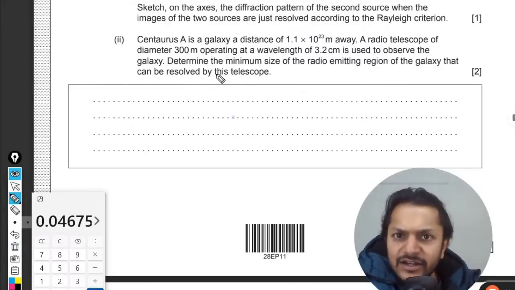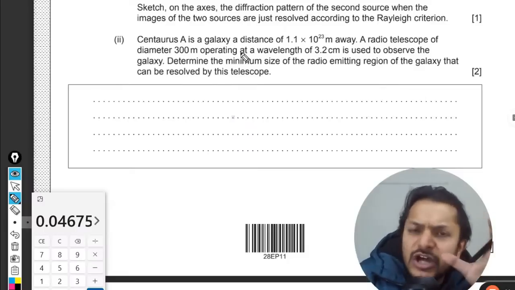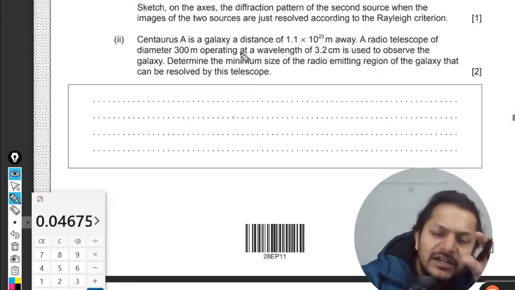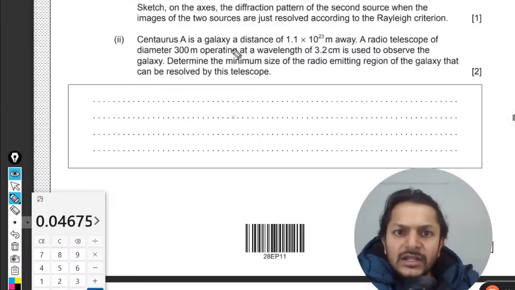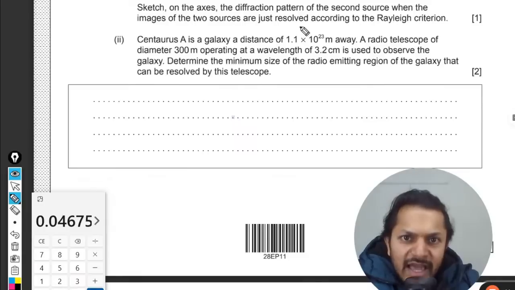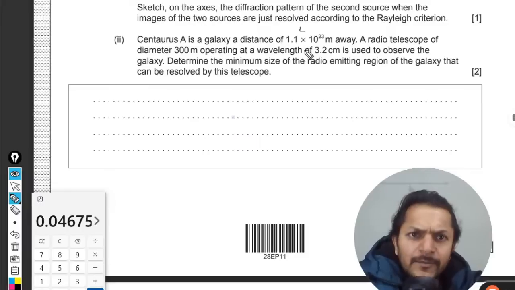So there is a galaxy there, and again we are just concentrating on the two stars, like what is the minimum distance that the stars can be so that they can be resolved properly. This is the distance, so this is the L. I have drawn the diagram earlier, I will draw that again.